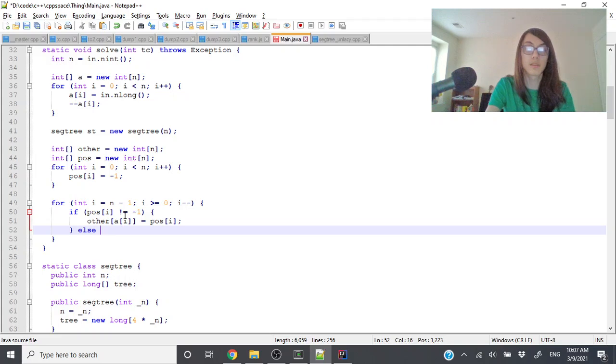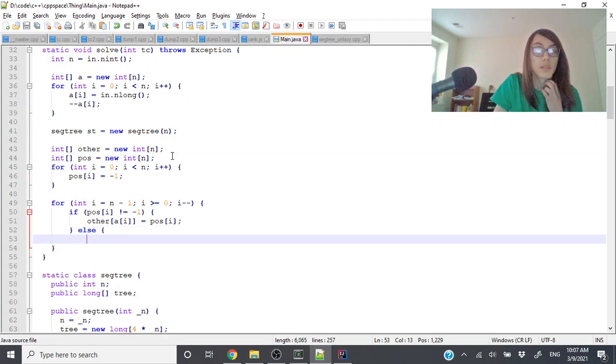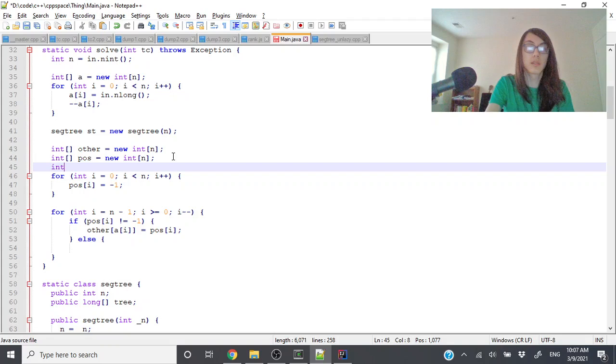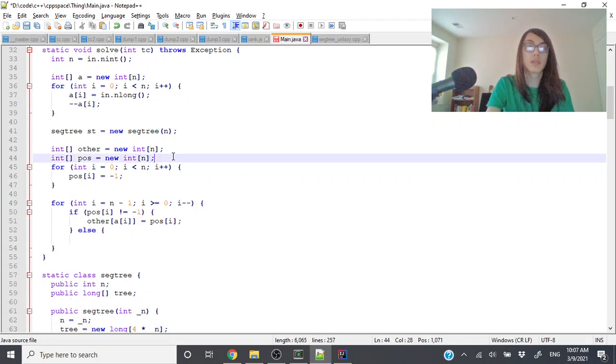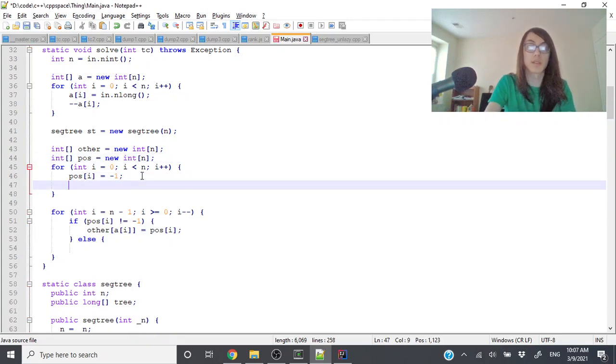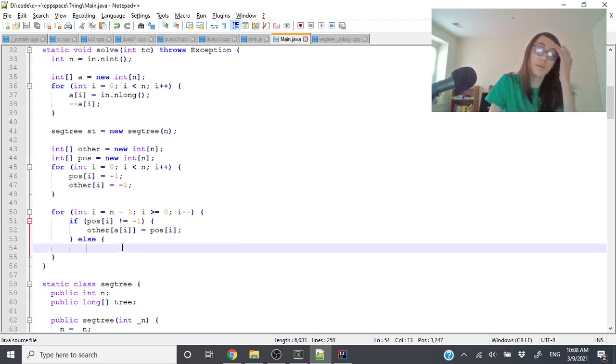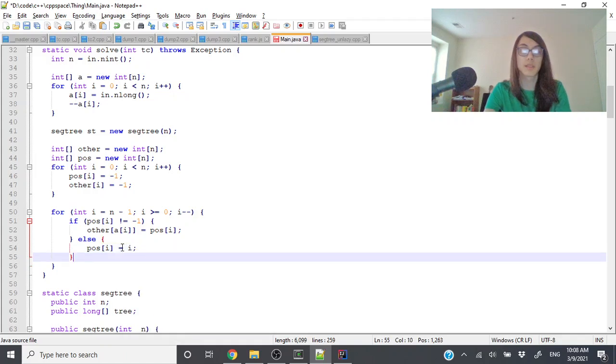Otherwise, you can also have other be -1. So if this current position is not -1, then we set the other to that. Otherwise, pause[i] is equal to i.